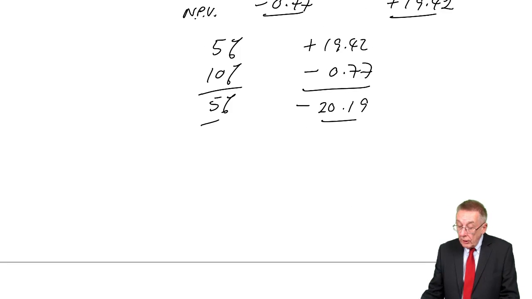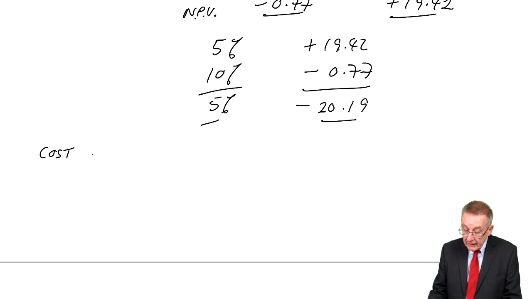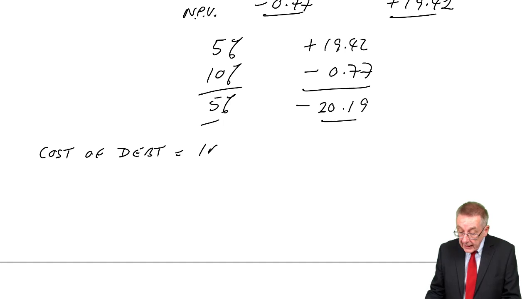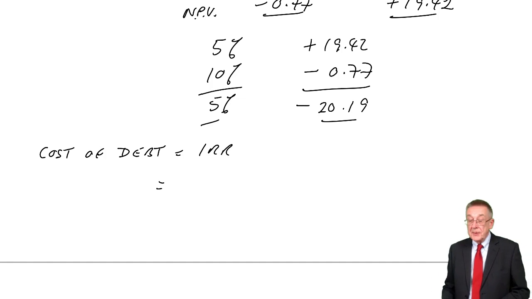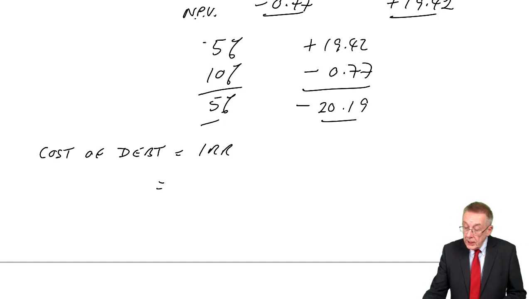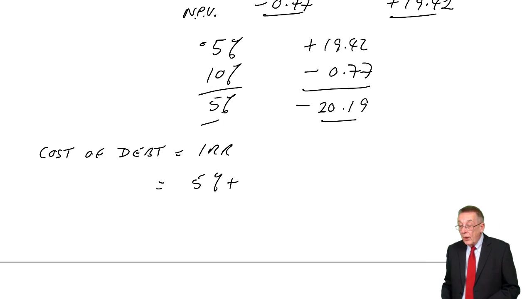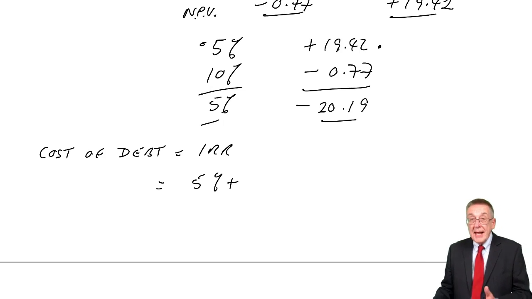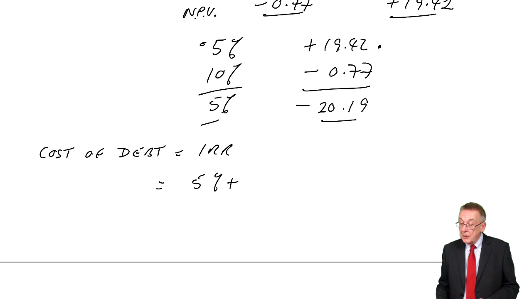And so the cost of debt to the company is the IRR of the after-tax flows. We know it's more than 5%. How much more? We need a fall of 19.42 to get NPV to 0.